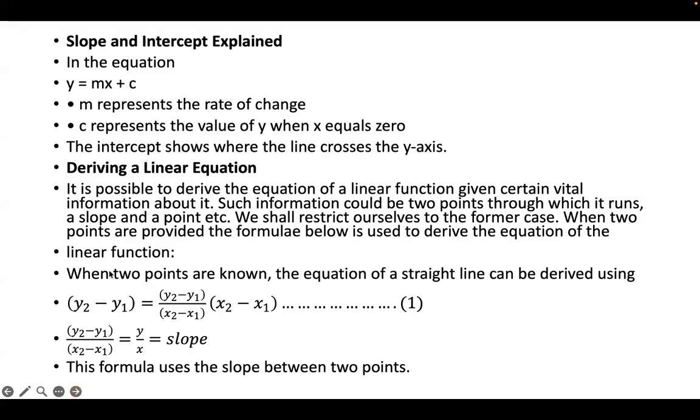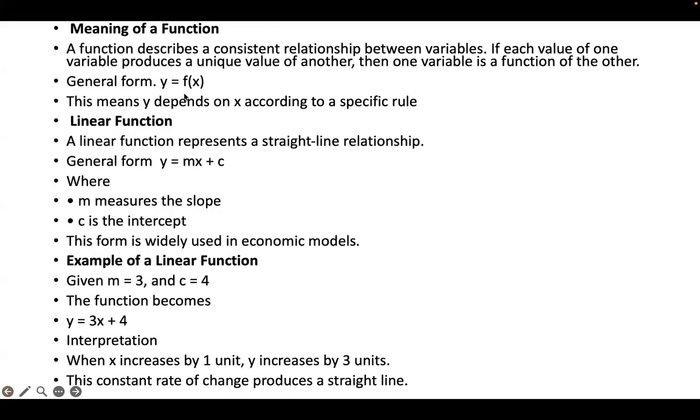So assuming two points are known, the equation of a straight line can be derived using this. I can give you a linear function and ask you questions on it, and also I can give you the coordinates for you to derive the function.